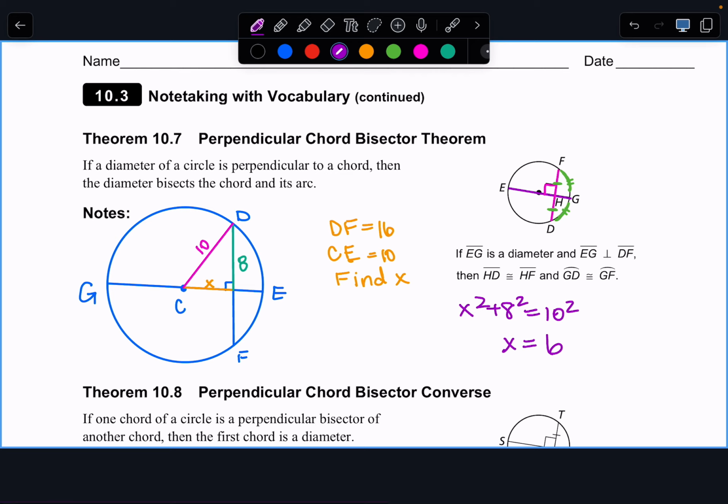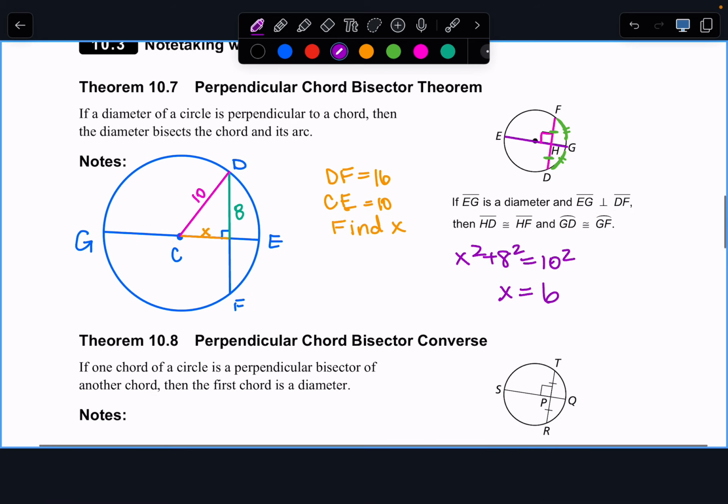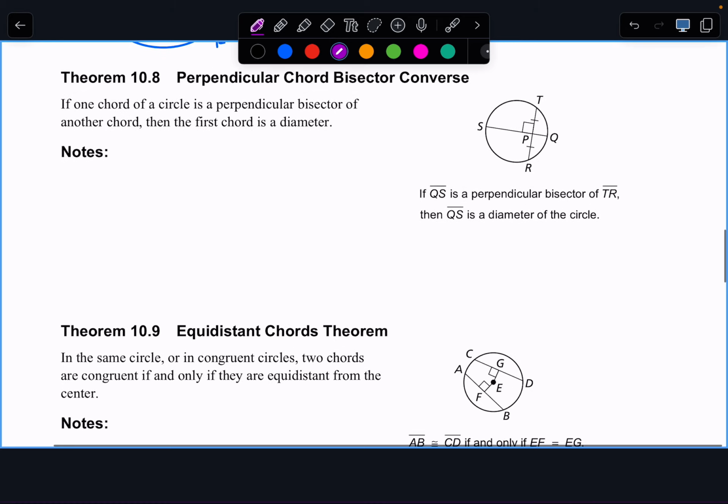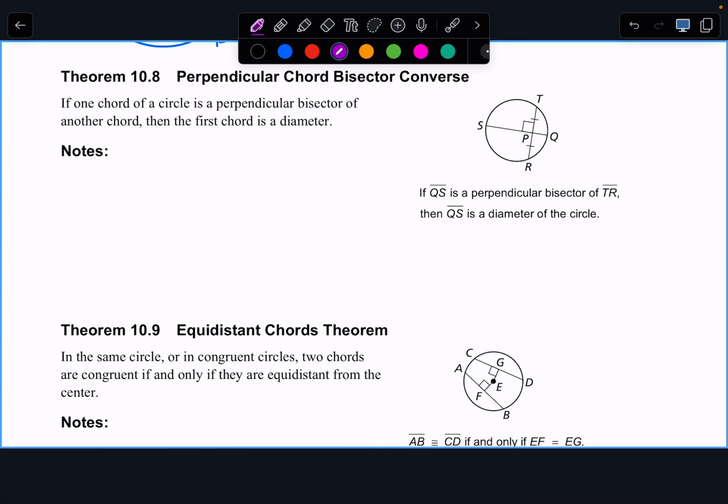Wait, what about cross? Yeah, I like that idea. Theorem 10.8 is saying, if QS is perpendicular and it's bisecting our chord, then that makes it a diameter.